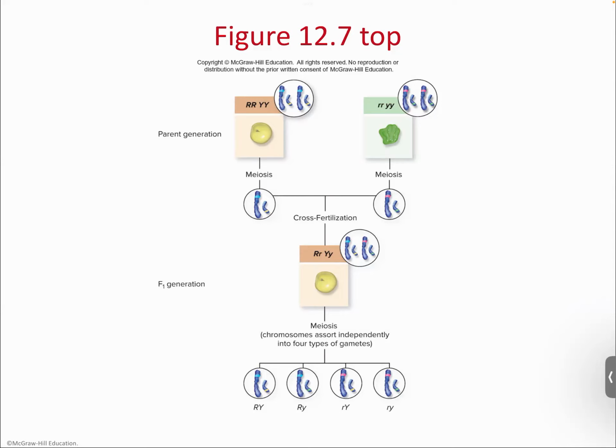The reason why I don't like this, and I understand why they're doing it, is that they make it sound like this is what Punnett and Bateson came up with, like they're already following chromosomes and things like that. They're not, right?